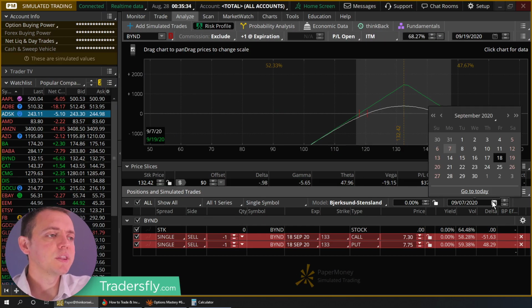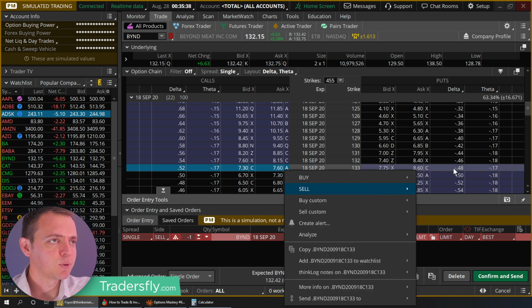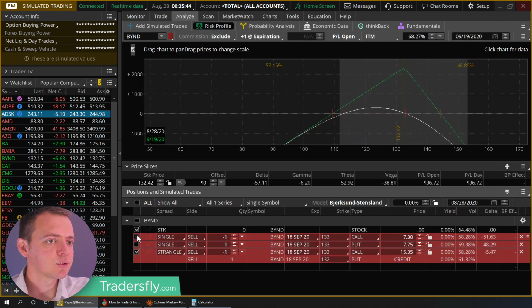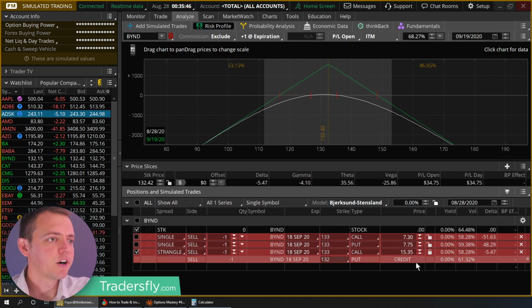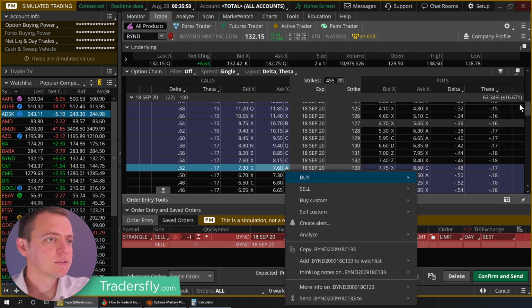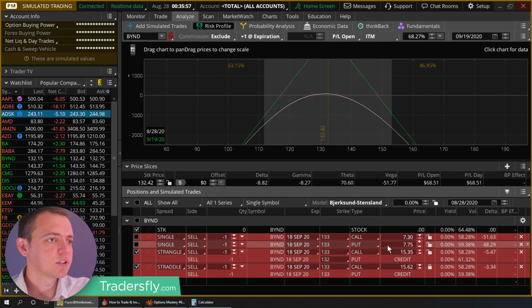Now, the issue with this is basically when you look at this trade, let me just show you, and I will sell a strangle here. Okay, so you can see a strangle is very, very similar. And then if you look at a straddle, okay, straddles and strangles here, is the same strike. So here we go.